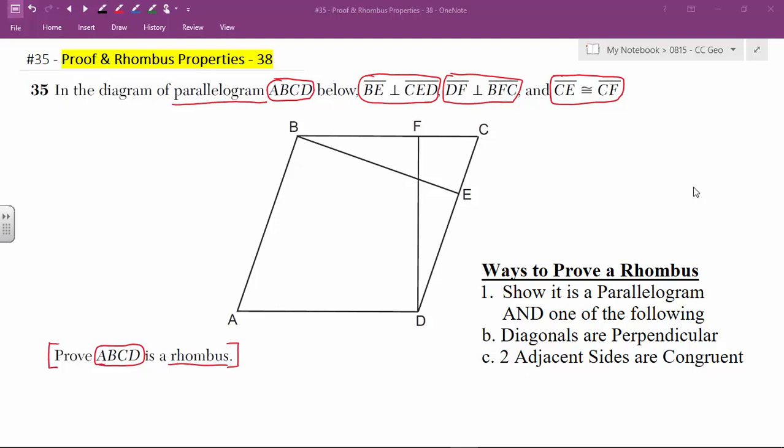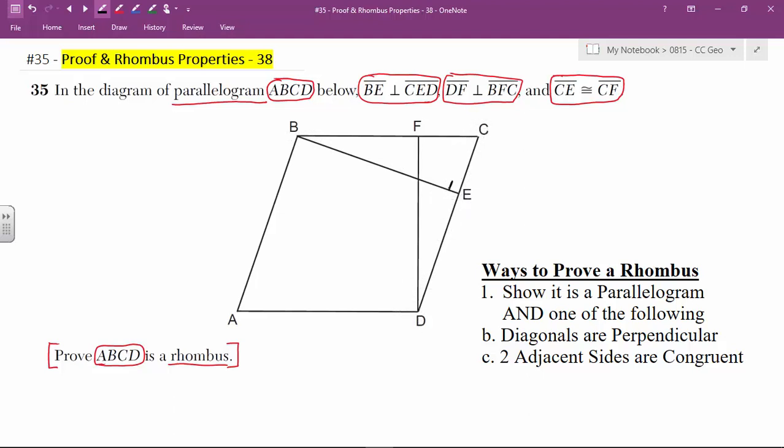It says, in the diagram of parallelogram ABCD below, here are the things you know, in addition to this being a parallelogram. You know that BE is perpendicular to CED. So this side here, BE, is perpendicular to side CED.